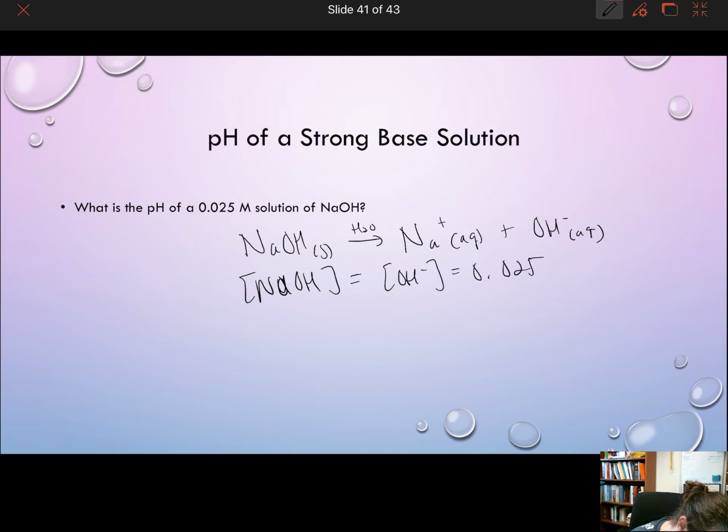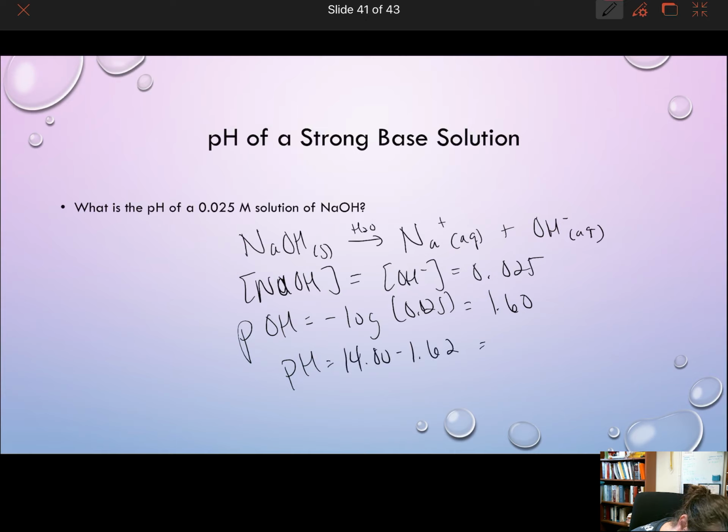So when we do our pOH, it'll be equal to negative log 0.025. This gives us a value of 1.60. And our pH will be equal to 14 minus that number, which gives us 12.40.